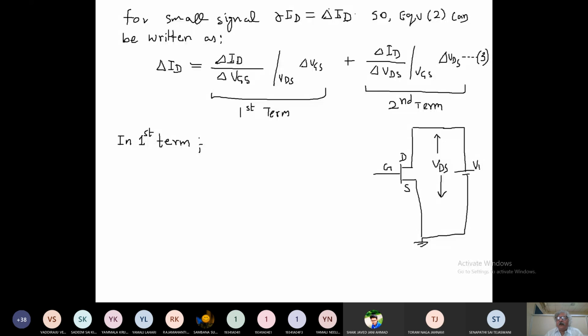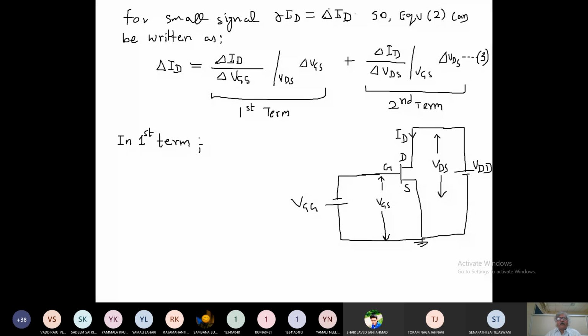This battery is VDD. And here we have connected another battery like this, with a voltage drop VGS, and the drain current ID is here in the drain terminal.